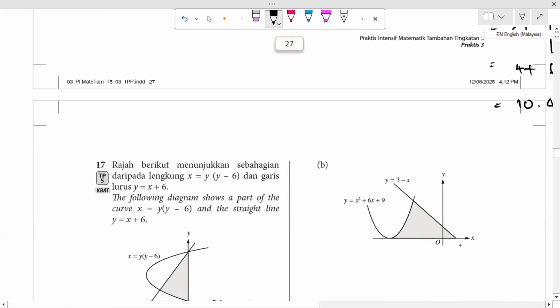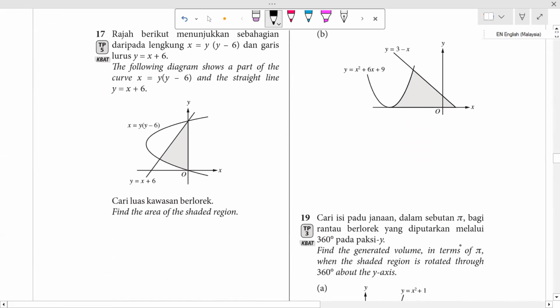Right. What about this? Same thing, because this one we have to go towards the y-axis. Since it's towards the y-axis, which means this straight line, if I shape towards the y-axis, I'll get the triangle, right angle triangle, isn't it?